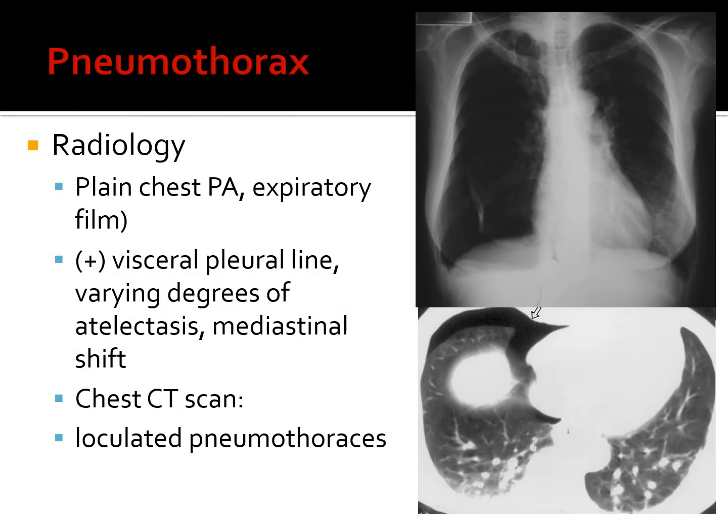Radiology: plain chest X-ray is usually the first modality of choice in cases of pneumothorax. It can be done as an inspiratory or expiratory film. Usually, a chest X-ray of a patient with pneumothorax is taken in the inspiratory phase.